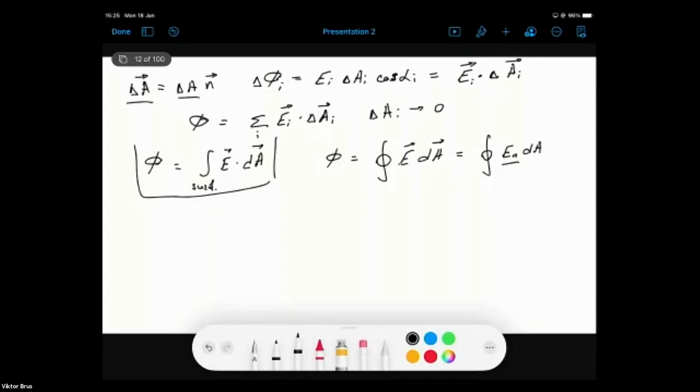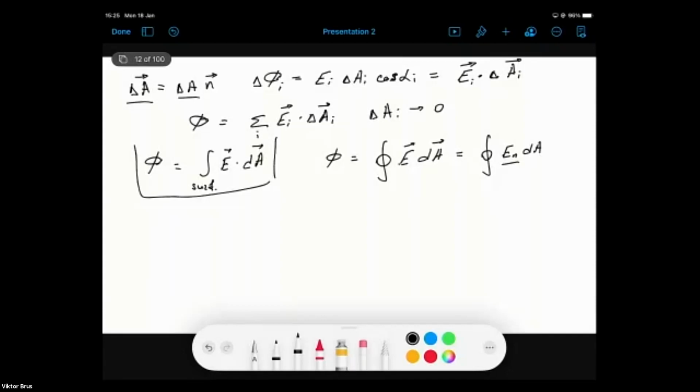Now, when we have defined all key moments and know what electric field flux is, and how to calculate it specifically for the closed surface case, we can proceed further and actually work on Gauss law.